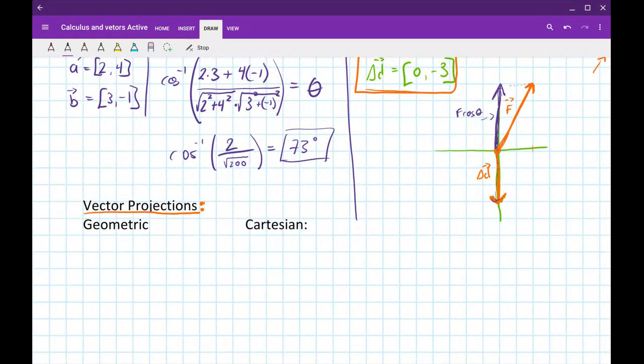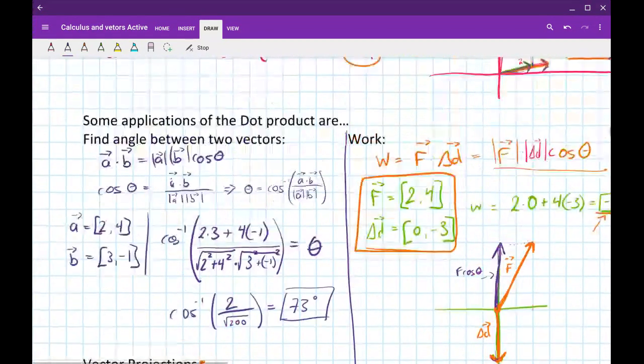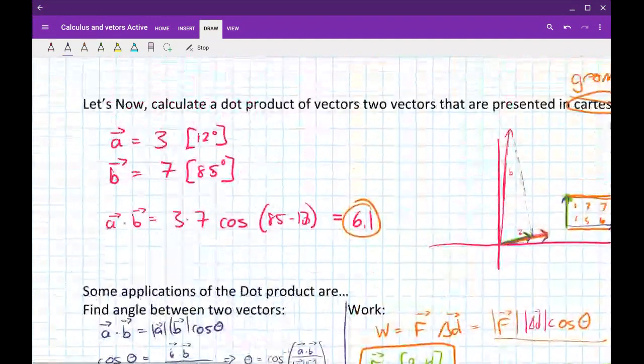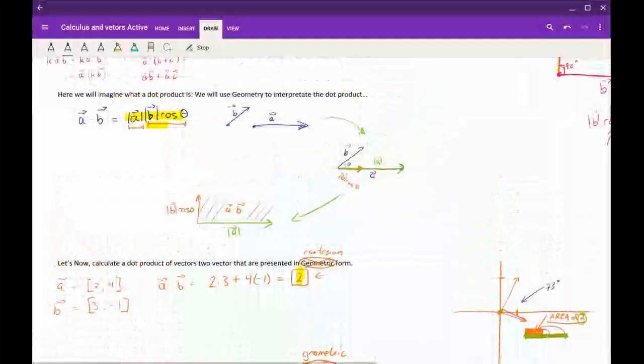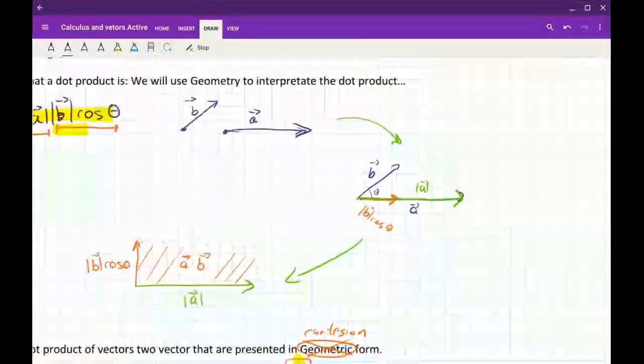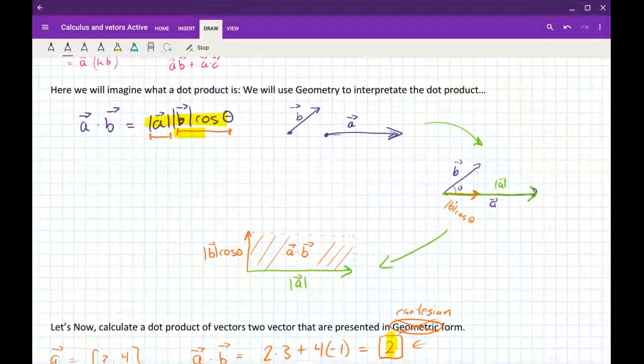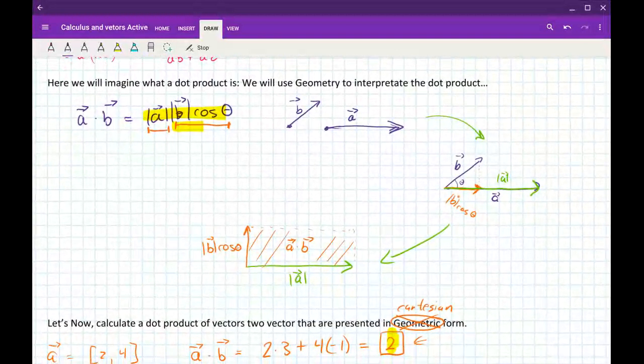So, vector projections. Let's go back to the concept I was talking about earlier. What's the geometric interpretation of a dot product?